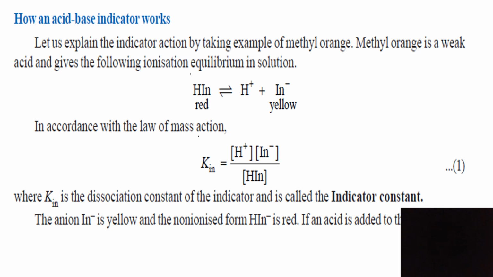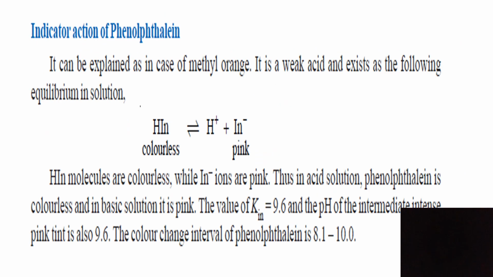If an acid is added to the solution, the hydrogen ion concentration in the equilibrium increases. To maintain the indicator constant, the equilibrium shifts to the left. Thereby, the concentration of In minus is reduced and the concentration of HIn increases, so the solution is red.